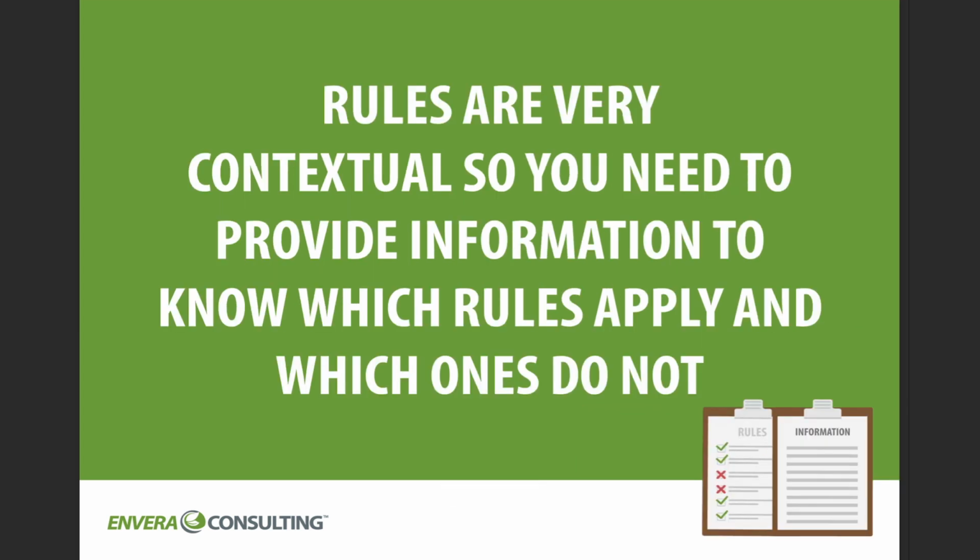So you want to provide enough information about the facility so that the engineer can determine which rules apply and which ones don't. You want to have enough context within your permit application to help the engineer make that determination.